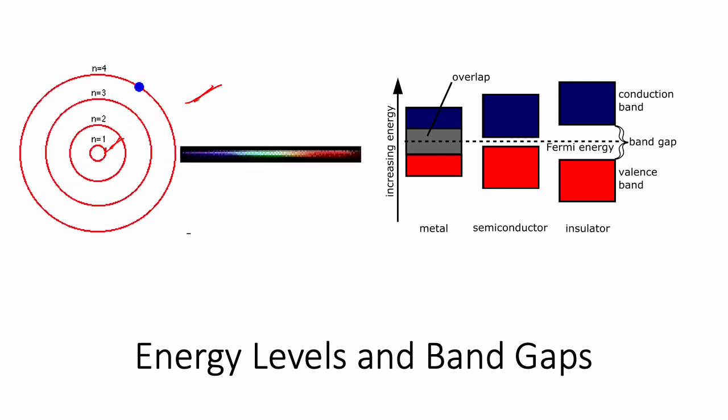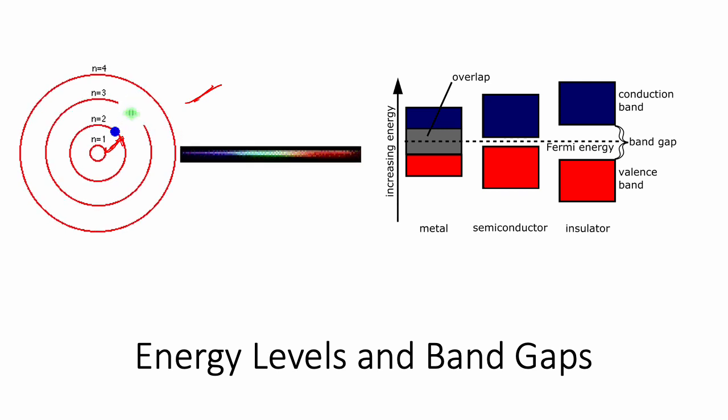So from a low energy level to a high energy level, the electron absorbs energy, and this energy can come from various sources, such as heat or an external electric field.